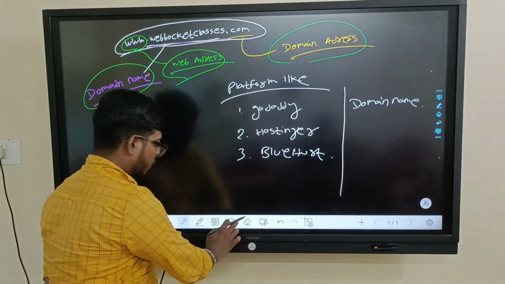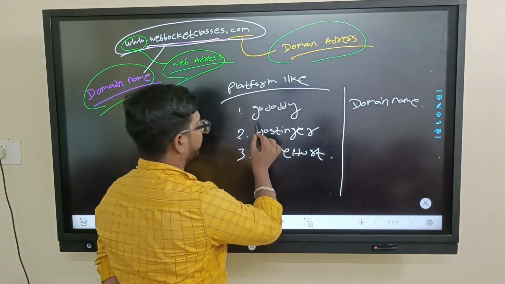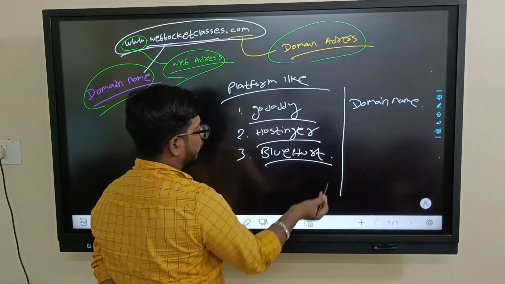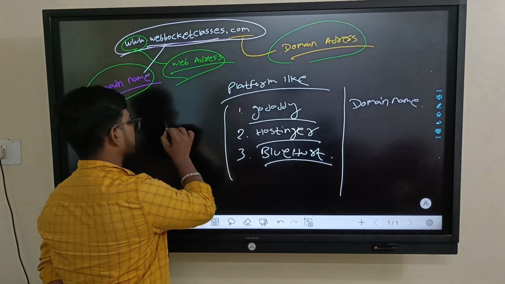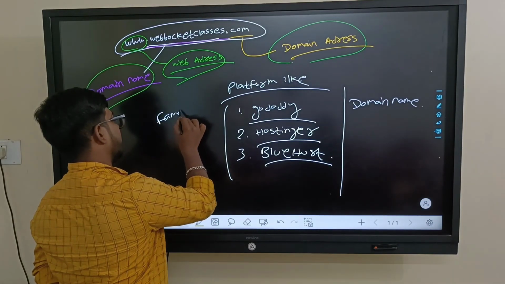So this is how we can get our domain name from GoDaddy, from Hostinger, from Bluehost. These are the famous platforms.